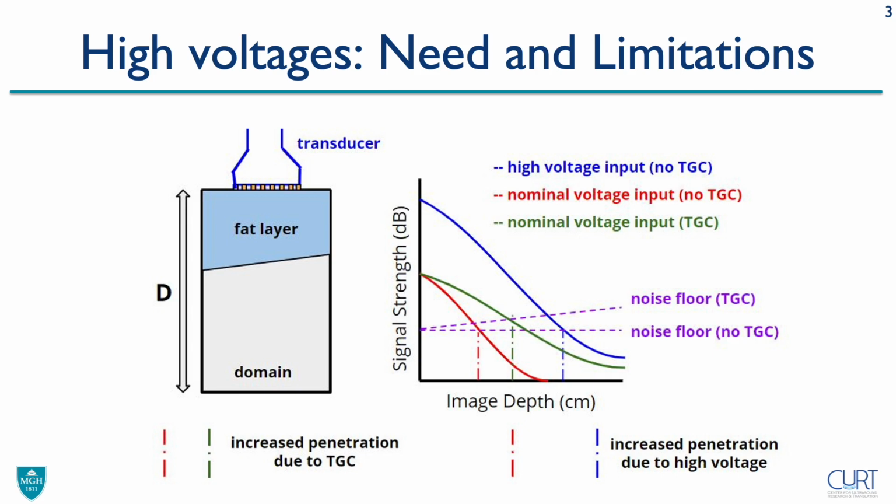When time gain compensation is added, it boosts the signal to an extent, but it also boosts the noise. With high output voltage, we have the signal starting off much higher, and we are able to image to a much deeper region before hitting the noise floor.